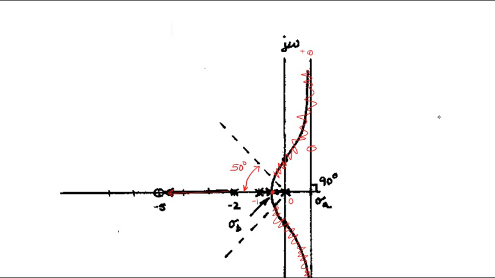But even this area right here, it's not unstable, but there's a lot more oscillation. Overshoot's going to be higher, and so we want to get in between the 50-degree lines. So our value of K needs to be less than whatever it needs to be below these 2 points.